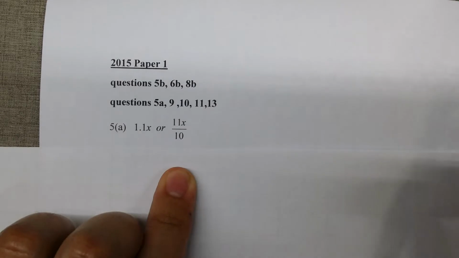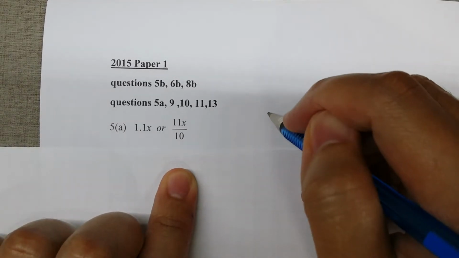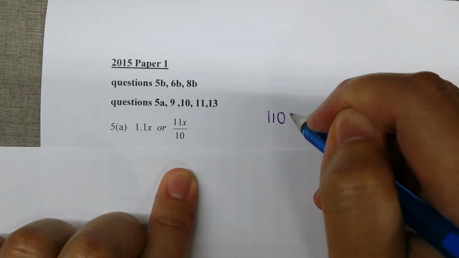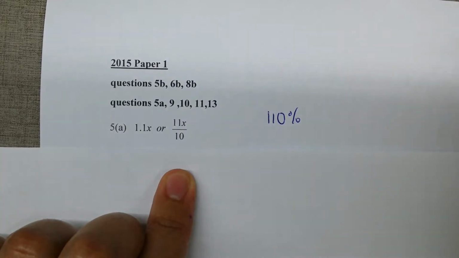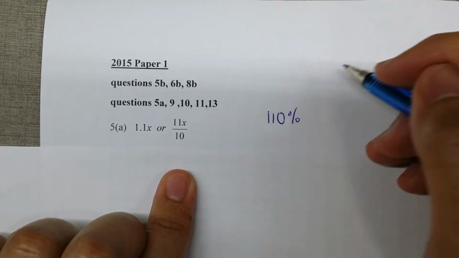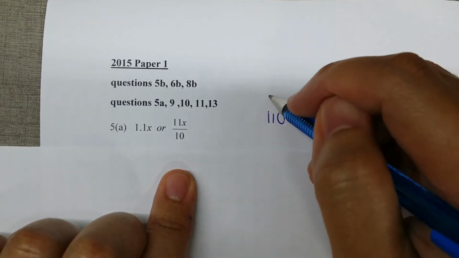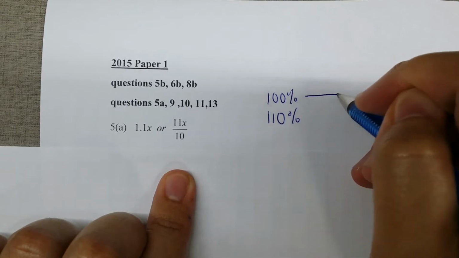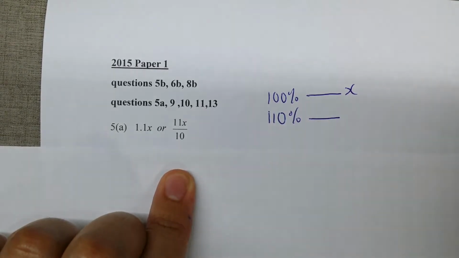Can this question be asked? Yes. Okay. Increase by 10%, that means the new percentage is now what? 110%. I want to find 110%. So if the original is x, 100% is x. What is 110%?